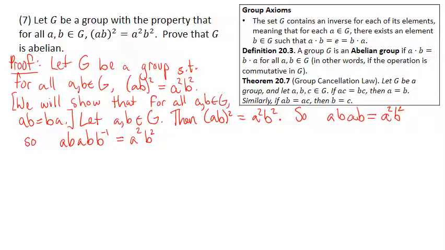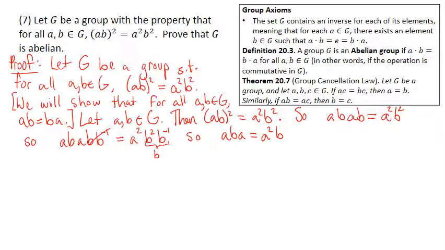When I do that, this B and this B inverse here cancel, and this B squared B inverse is just going to become B. So what I get now is ABA equals A squared B.